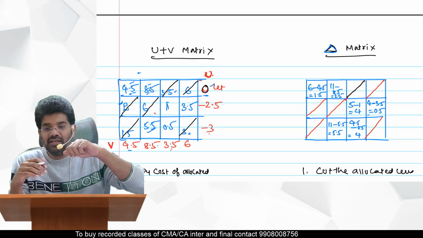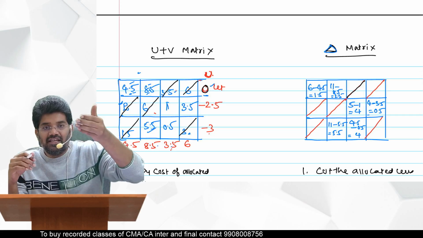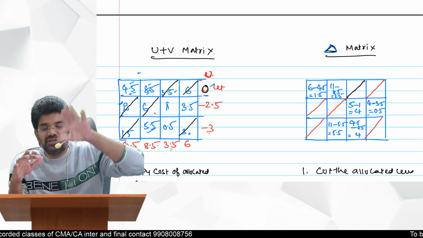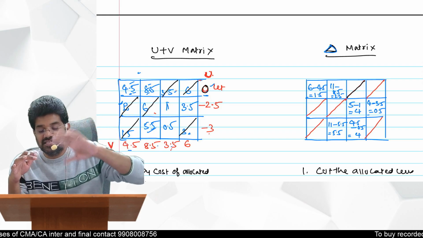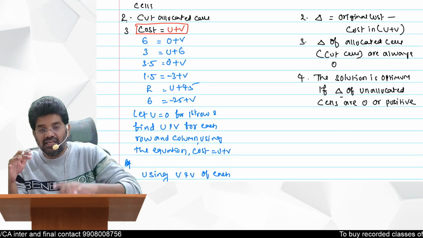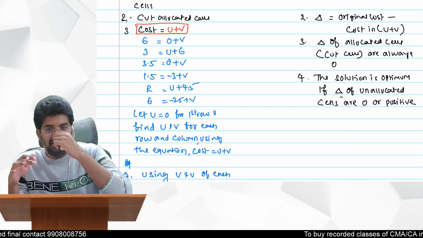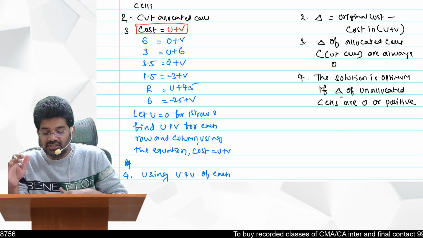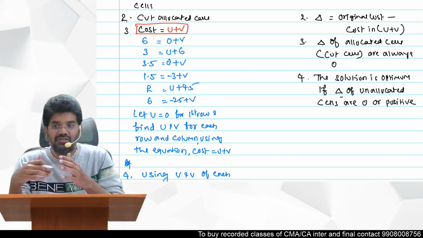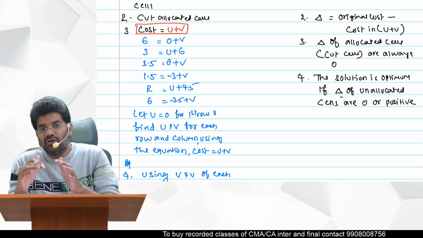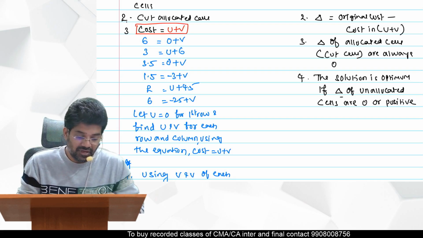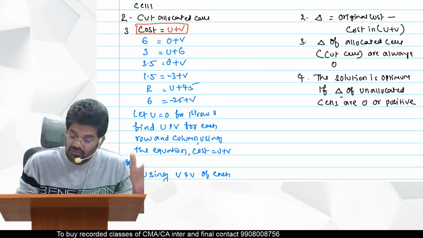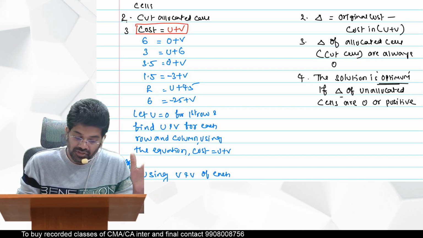That is the reason the change values of unallocated cells should be positive or 0. Then it is the optimum solution, which means you cannot achieve a lower cost than that.